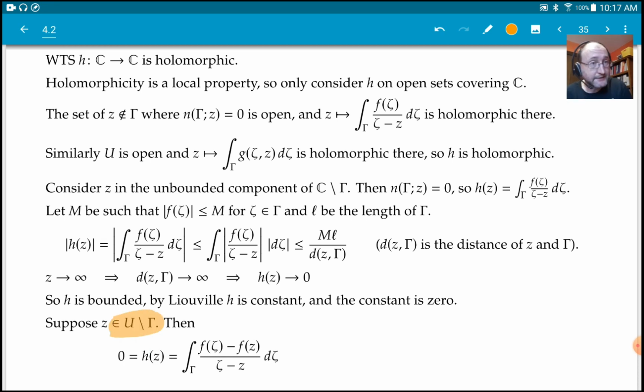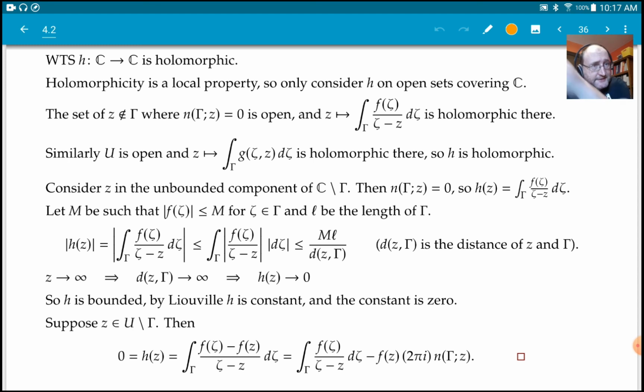On this set, it's always given by this thing, because when z is not on gamma, zeta is never z, and that's how we define g on that set. So it's this guy.